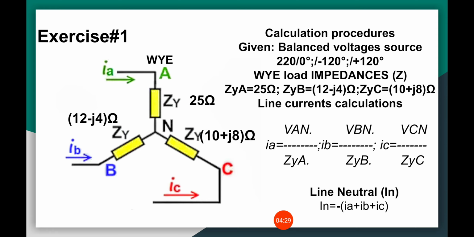If you compute for IA, it differs from IB and IC.